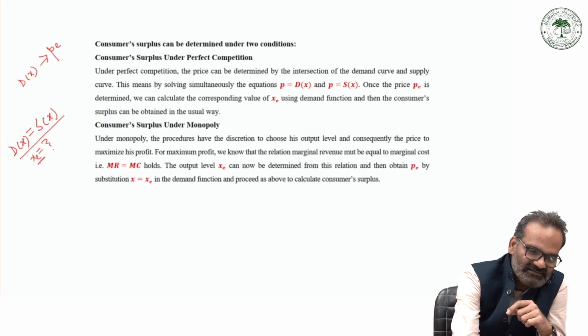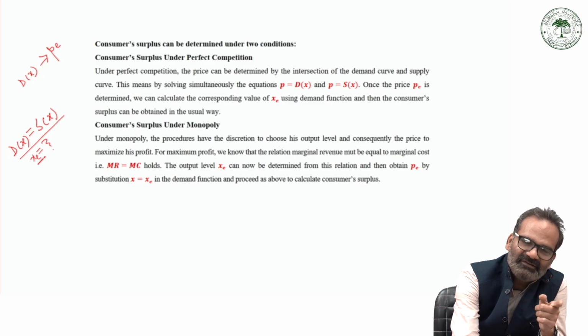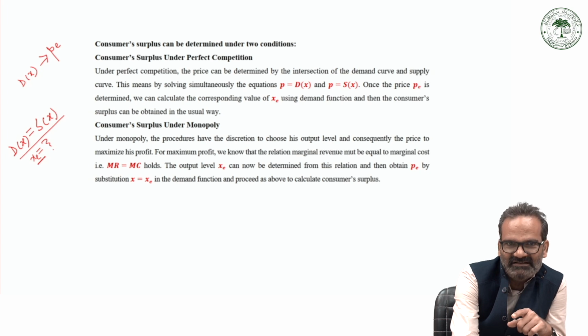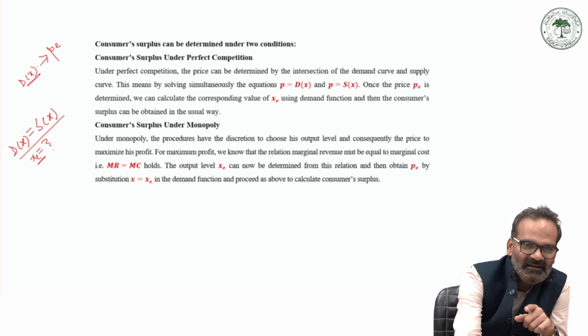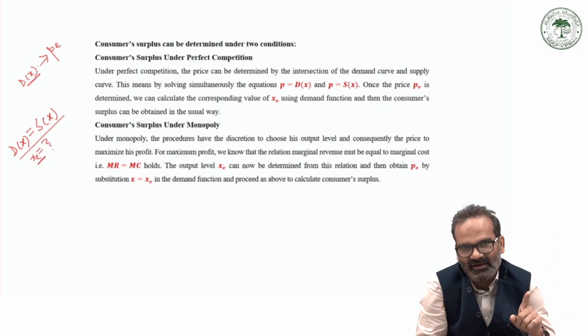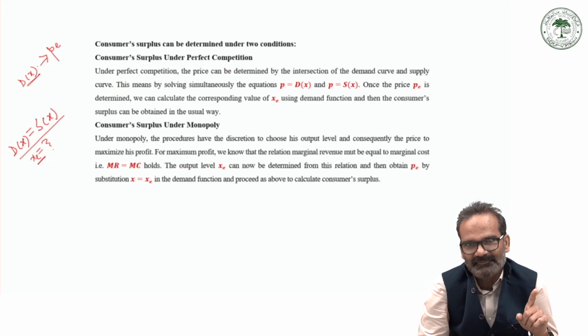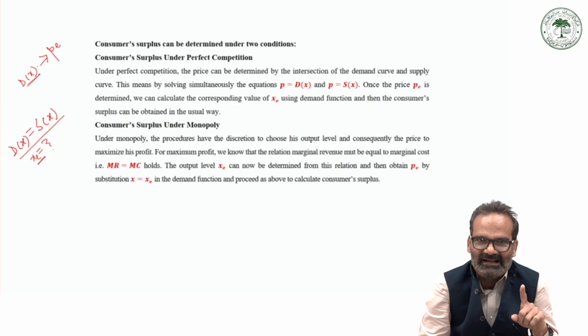That value of x is denoted by xe, the quantity demanded in the market, right? Xe means the equilibrium point. If the quantity demanded in the market is with you, put the value of xe in your demand function, and you will get its respective price decided by the market. So this is how you can determine xe and pe both.